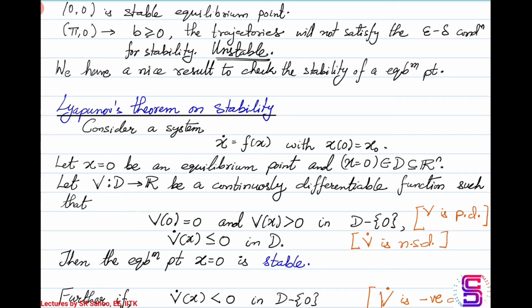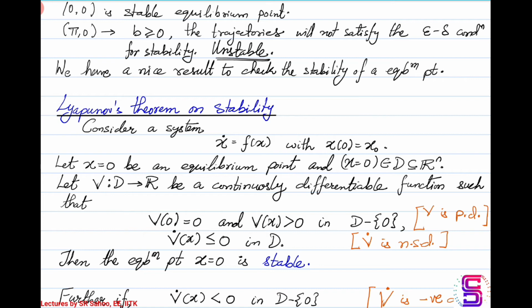So this result relies on the fact that if the equilibrium point is stable and attractive, and by attractive I mean that for an initial condition close by, the system's trajectory, or the solution x, will have a tendency to go towards the equilibrium point in question.